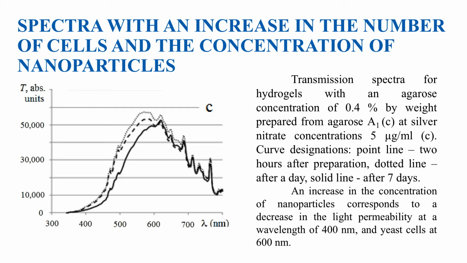The obtained data demonstrate that an increase in the concentration of nanoparticles corresponds to a decrease in light permeability at a wavelength of 400 nanometers, which corresponds to wavelengths typical for nanoparticles, and for yeast cells at 600 nanometers.